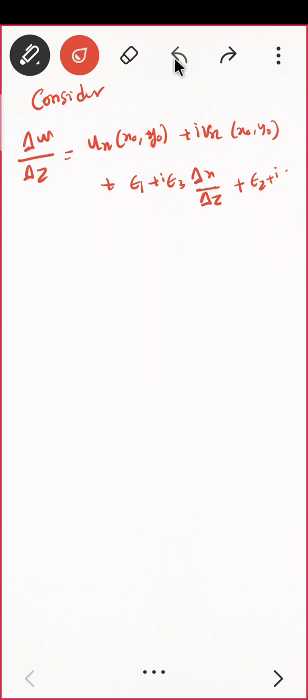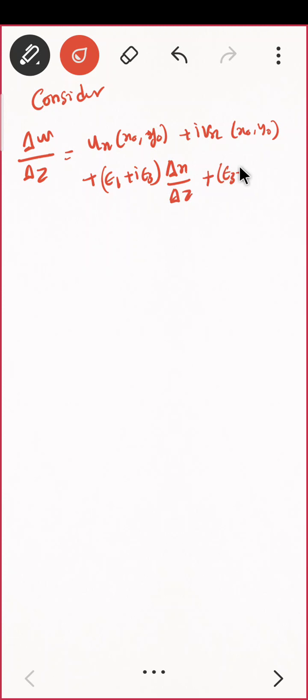I will write here: one plus I epsilon 3 delta x upon delta z plus epsilon 3 plus I epsilon 4 delta y upon delta z. Try to see whether you are getting the same thing. ux and ivx divided by delta z भी आना चाहिए, you must ask, but try to see. मैंने मतलब I am directly putting, I'll just show you.